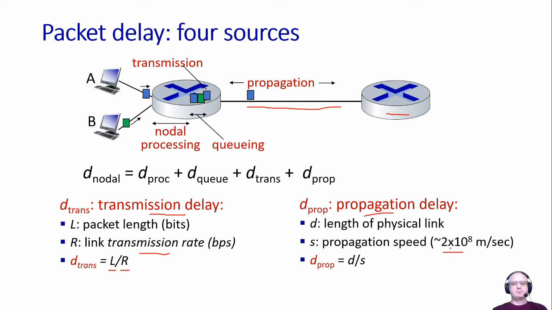What does that mean? It means that the geographic distances that are covered by the internet can lead to quite significant delay. For example, say the United States from West Coast to East Coast, maybe 2,800 miles, so let's say 4,000 kilometers, right?